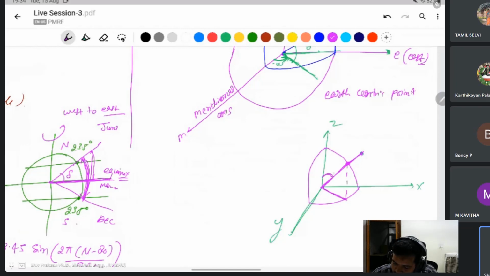If this angle is delta, and this will be omega depending on the hour time of a day. This will vary from here to here depending on the delta also.